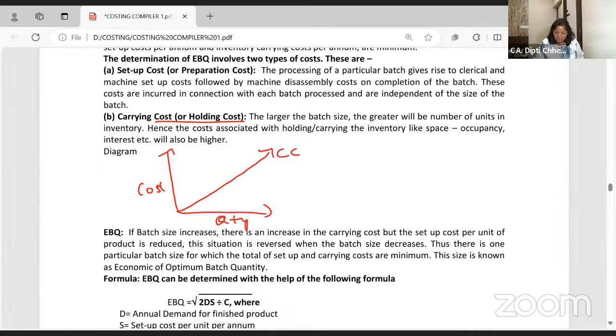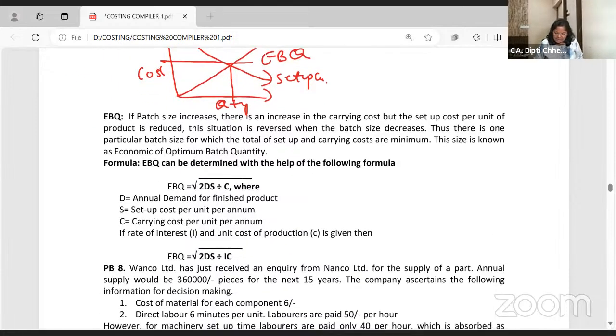And the more quantity you produce, your setup cost will decrease, because with a higher quantity per batch, again and again you don't have to set up the batch. So this point where the lines intersect is called the economic batch quantity. Setup cost is nothing but the ordering cost there. Carrying cost or holding cost is the same.